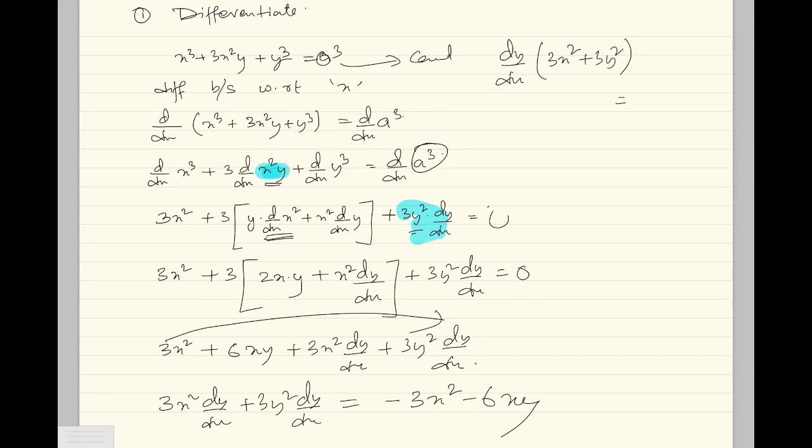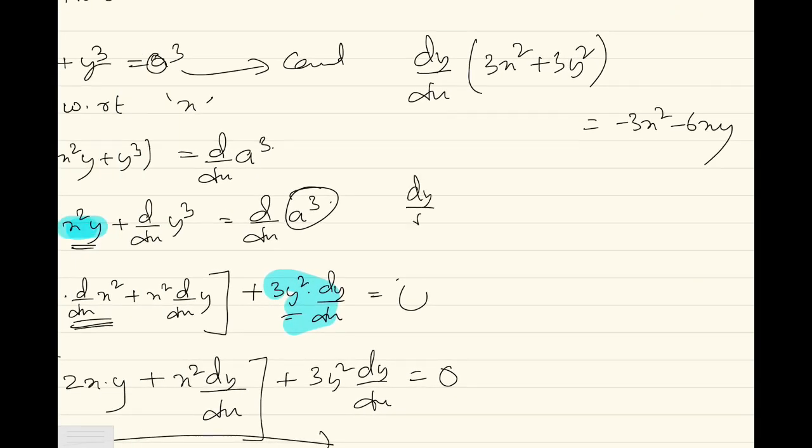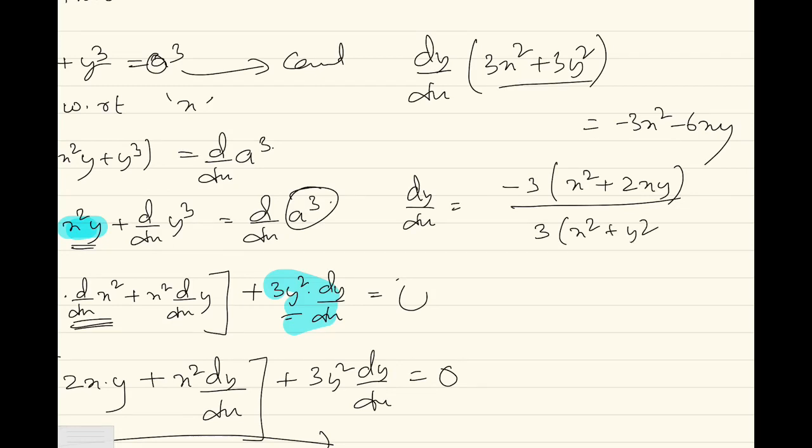And that side I have minus 3x square minus 6xy, correct? Okay, now dy by dx equals minus, I can take minus 3 common. I'll get x square plus 2xy. Can I do that? And divided by 3 common, x square plus y square, because this moves down here, correct? 3 and 3 get cancelled.